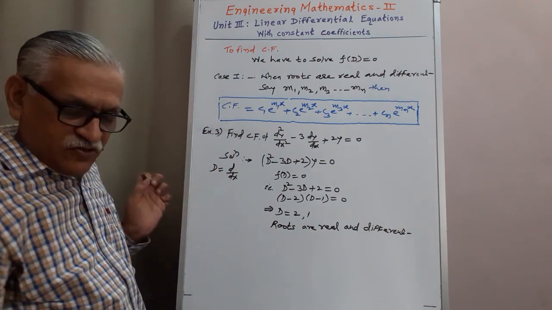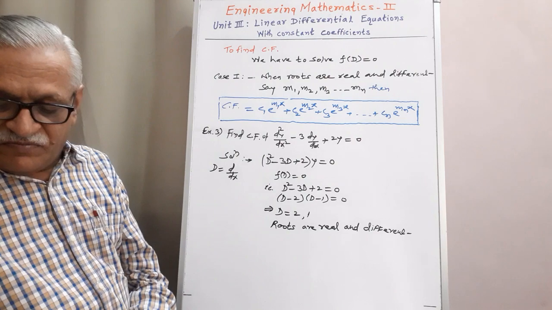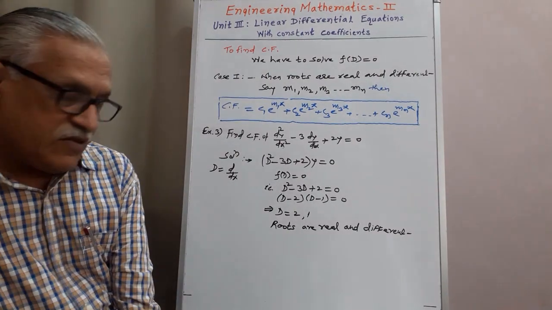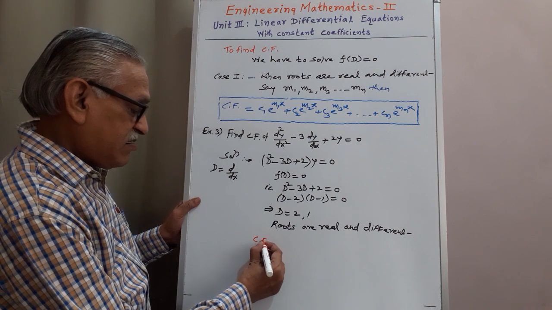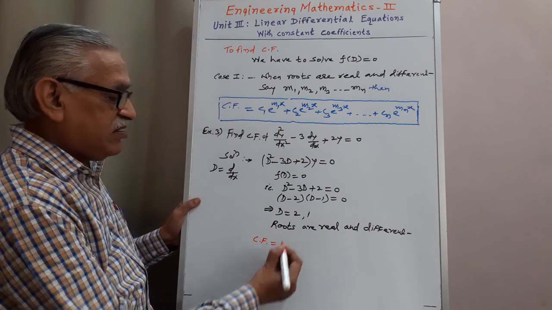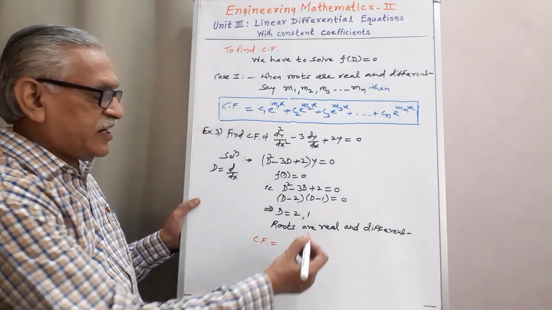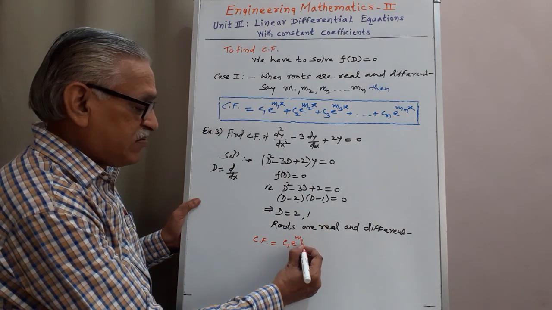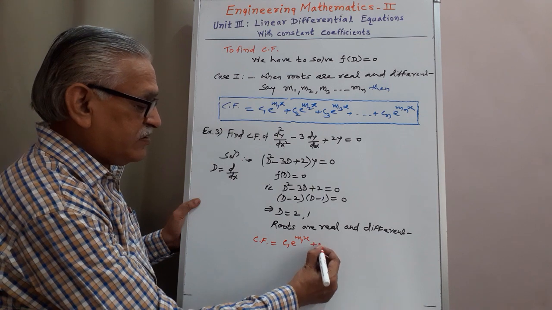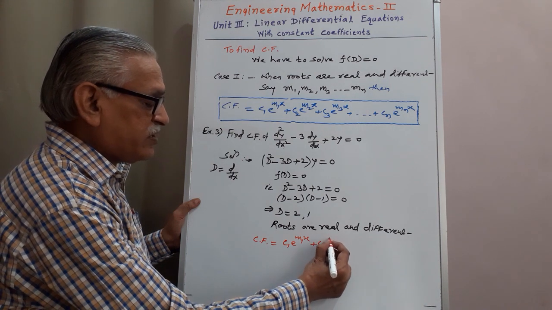And therefore, as roots are real and different, the complementary function is given by, suppose first one is m1, second one is m2, c1 e raised to m1x plus c2 e raised to m2x.